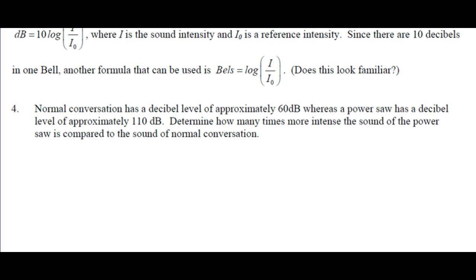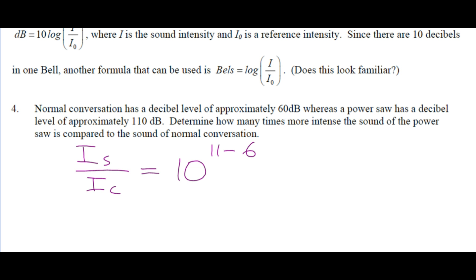So we want to go 10 to the power of, so we're going to say the intensity of the saw compared to the intensity of the conversation is 10 to the 11 minus 6. So we convert. If you're ever working with decibels, just remember to divide them by 10. Okay?